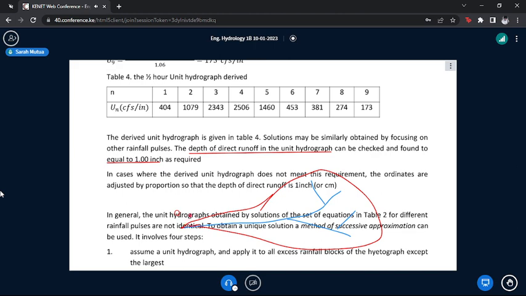The discharge is usually a volume flowing per given time, so if you multiply the discharge by time, you get a volume. Now, this particular volume is being generated from an area.